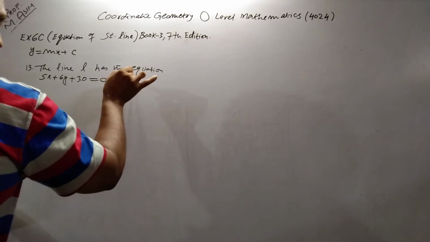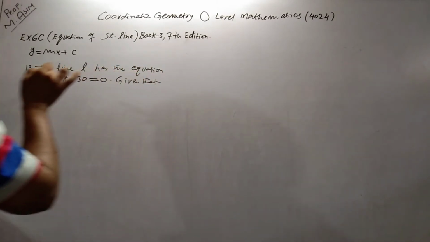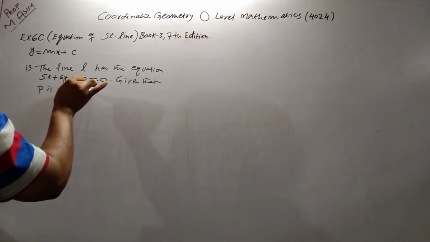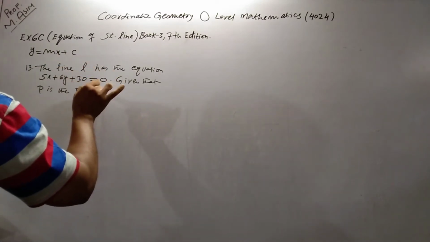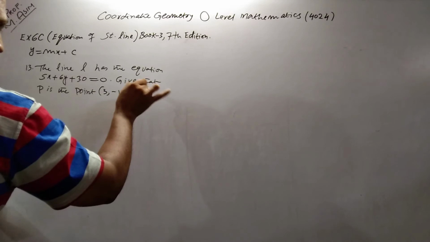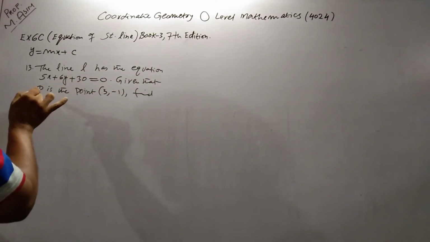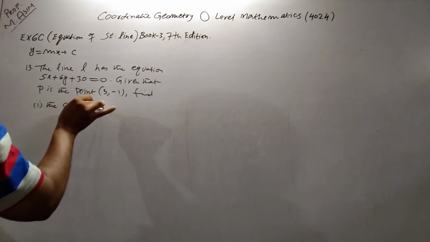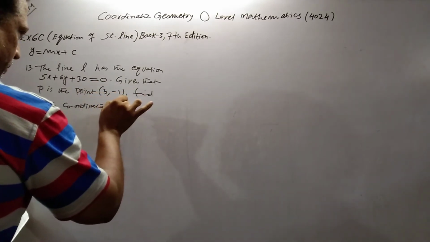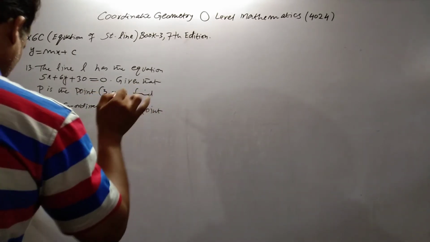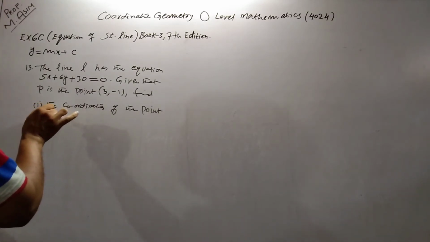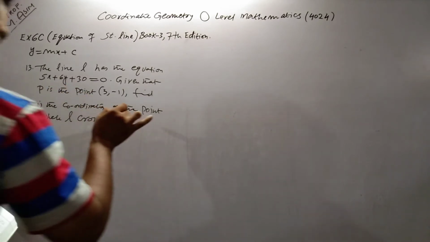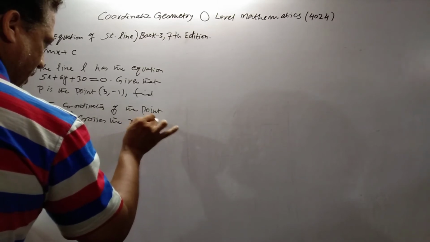Given that P is the point (3, -1), find part 1: the coordinates of the point where L crosses the x-axis.